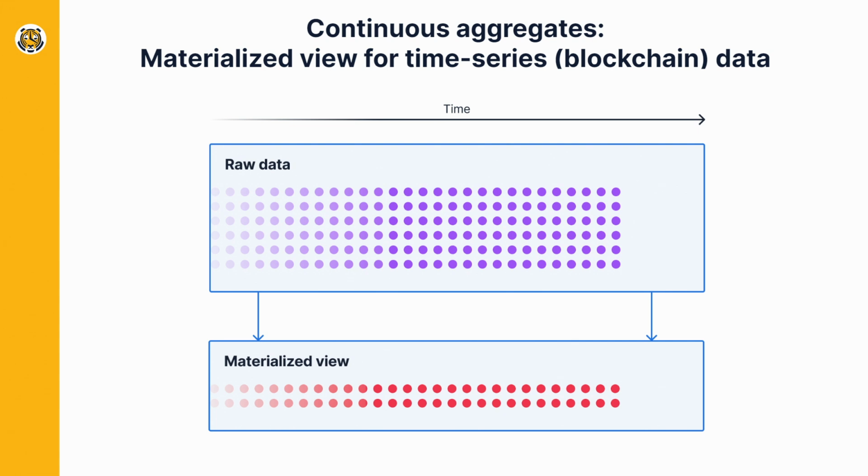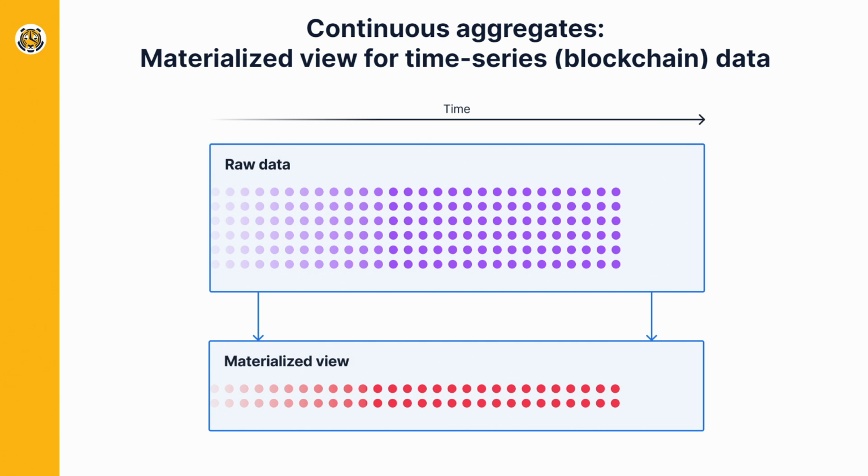And basically what happens is that, as you can see on this image, you have raw data, which can be blockchain transactions or raw cryptocurrency tick data, and then you aggregate the data into 1-minute time buckets, 5-minute time buckets, daily time buckets, whatever time range you are trying to analyze.